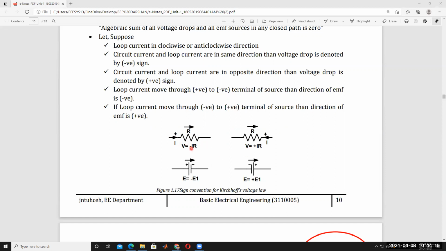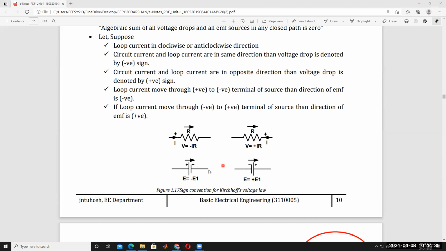Here, the branch current and loop current are both in the same direction, so we assume minus I into R. The other direction is the opposite, plus I into R. If you assume plus I into R, then the other is minus I into R.